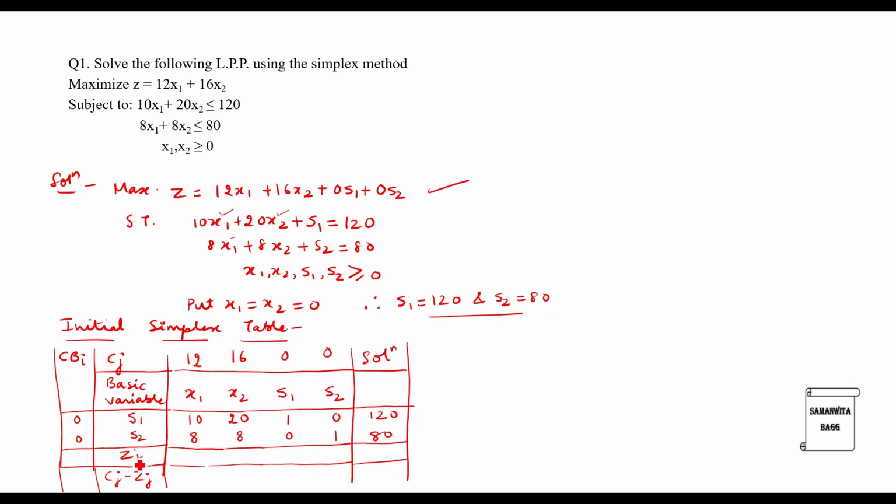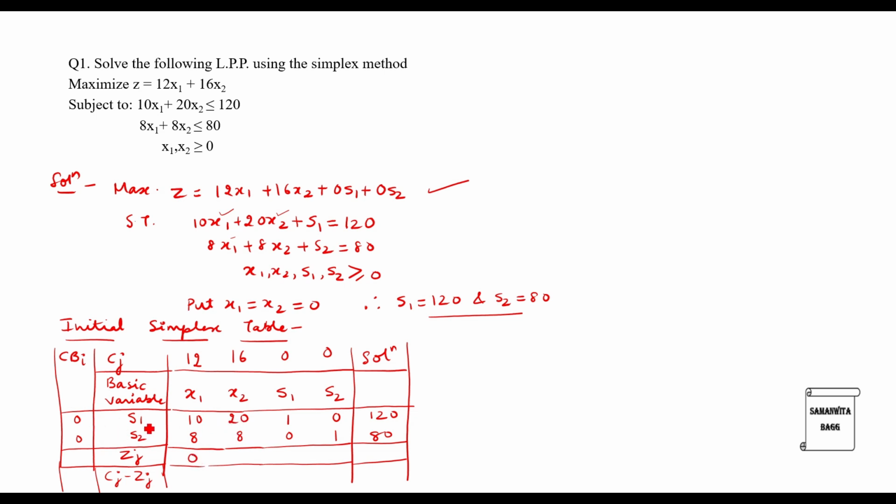Now we will calculate the value of Zj. That is calculated as the first value multiplied with the value of CBi. So it is 10 into 0 plus the second value into the coefficient, 8 into 0. So 10 into 0 plus 8 into 0, the answer turns out to be 0.